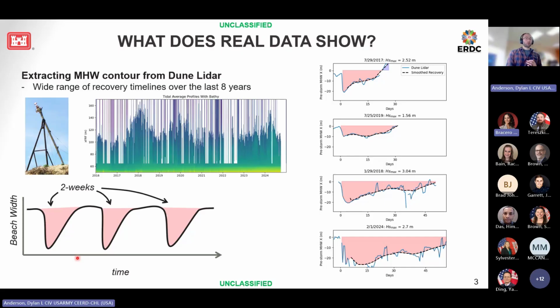I can actually begin to look at the real world data that would make up one of these synthetic erosion and recovery timelines. And over on the right-hand side, I have 4 different examples where you're seeing the storm at day equals 0, and you're seeing how long it takes for the beach to recover to its starting shoreline point.